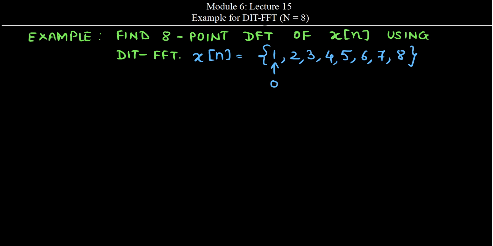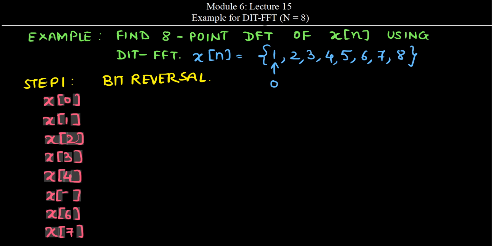We know that the first step is to perform the bit reversal. So step 1 is performing bit reversal. The initial sequence is given like this.